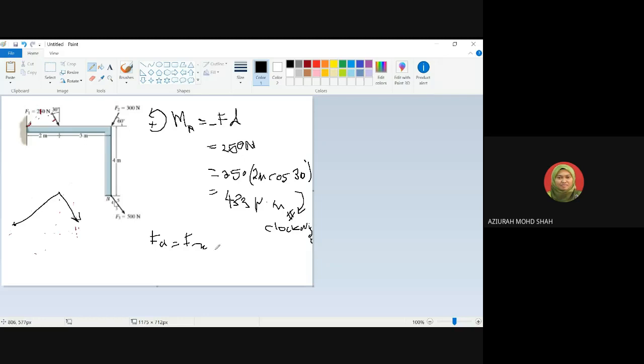Second, if you want to use Varignon theorem, we use the formula Fx dy, plus or minus. Later on, we are going to check whether it rotates clockwise or counterclockwise. Remember, in moment, the positive or negative value depends on the rotation.